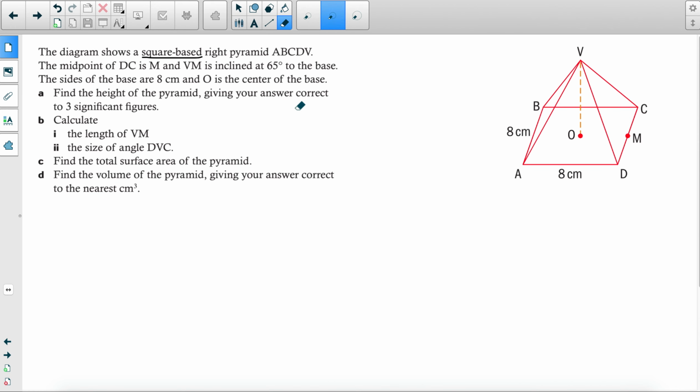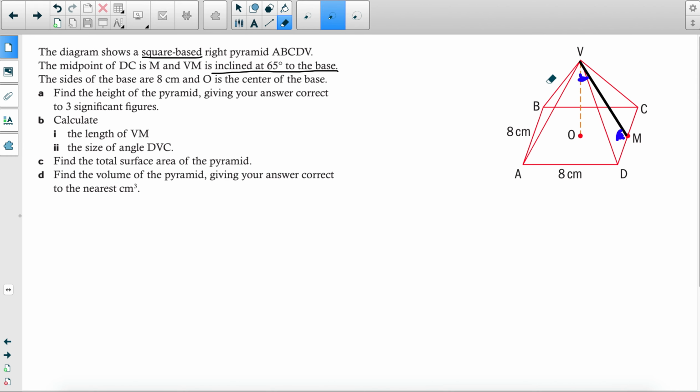So it's a right pyramid. The midpoint of DC is M, and VM is inclined at 65 degrees to the base. So VM is this line, and the angle 65 could be here, and it could be here, but the angle that is inclined to the base is this angle.